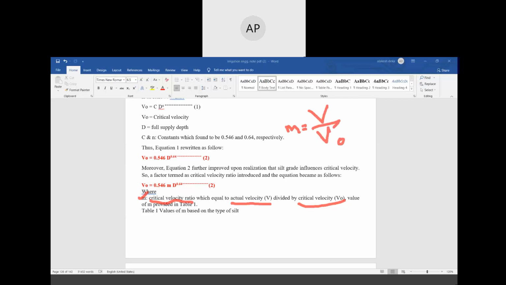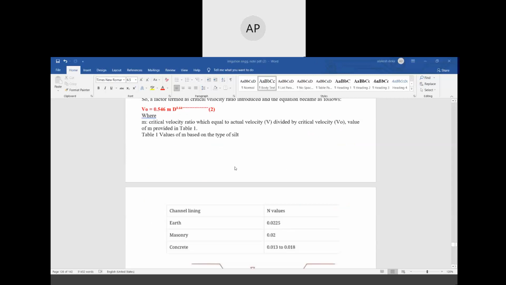Value of m is provided in the table. So he had introduced the values of m for different types of silt, and different types of material of the canal lining, as for lined canals.